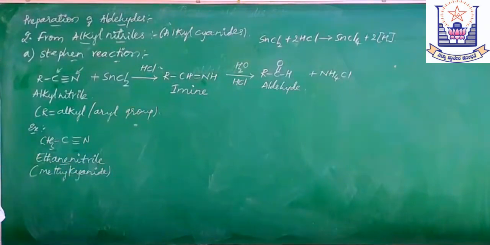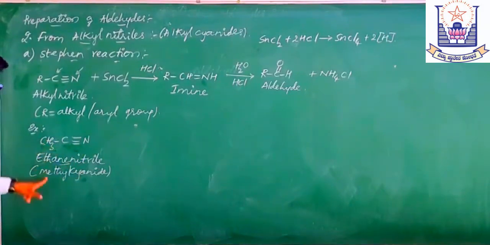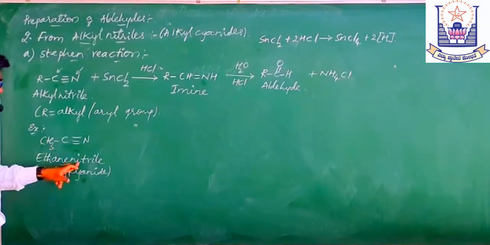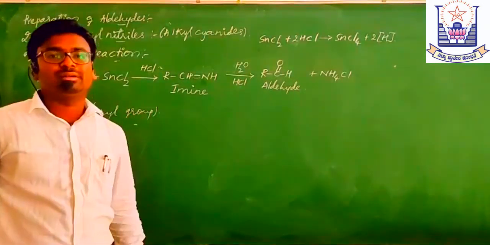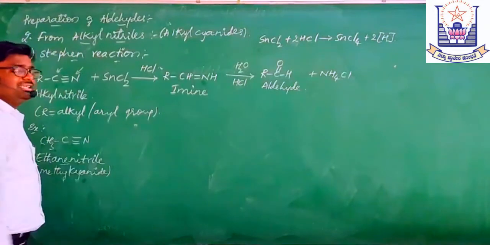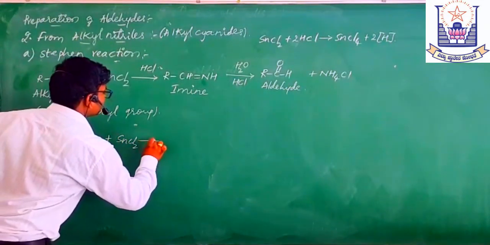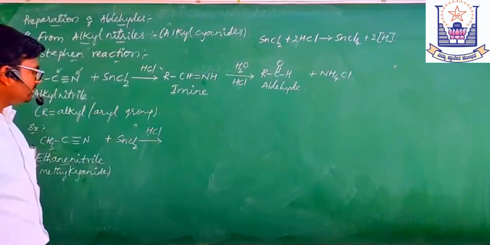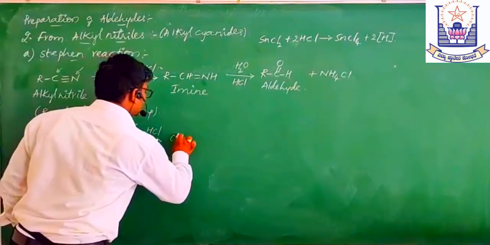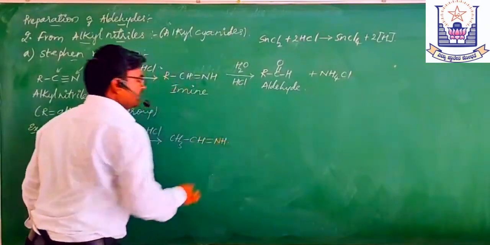In the common system, we call this CN a cyanide, and this is a methyl. Methyl cyanide has the IUPAC name ethane nitrile. This you should remember. When this is treated with SnCl2 in the presence of HCl, where you have to take excess of HCl, you will get CH3 CH double bond NH.